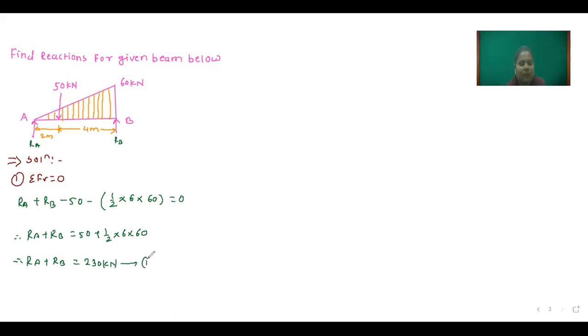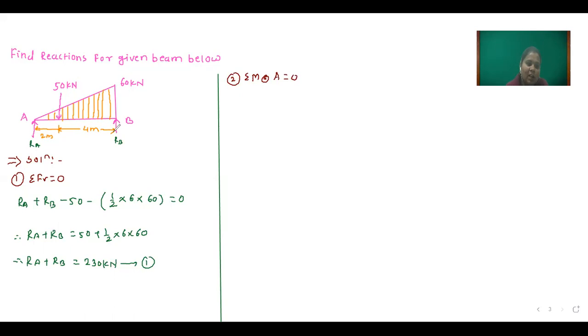So this is our equation 1. Then we will apply the moment equation, that is, summation of moment at any point equal to 0. We will consider the moment at point A. So second is summation of moment at A equal to 0.